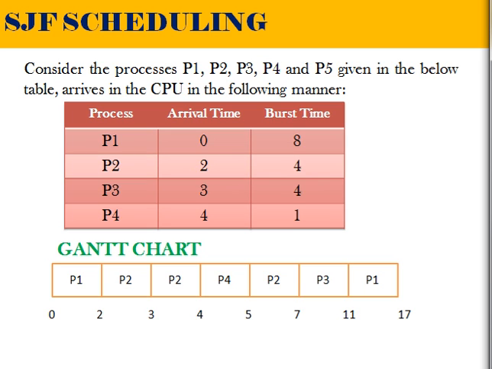Since the algorithm we are using is SRTF, which is preemptive, the current execution is stopped and the scheduler checks for the process with the least burst time. At that time there are two jobs, P1 and P2, and the scheduler finds that P2 is shorter.